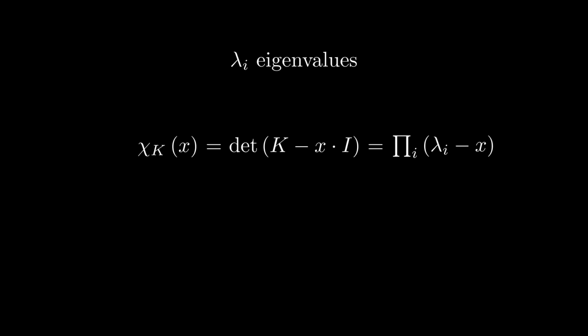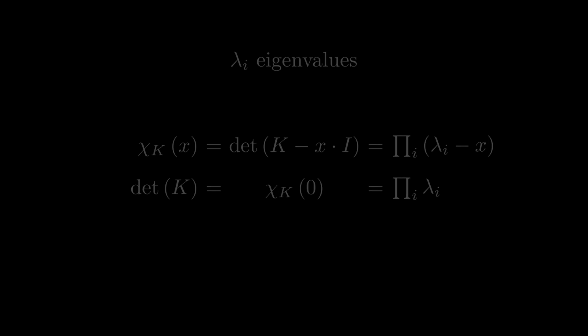As a reminder, since we are working with complex valued matrices, the characteristic polynomial always decomposes into linear factors with lambda_i just being the eigenvalues of our matrix. Plugging 0 for x, we get the determinant of our matrix on the one side and the product of all eigenvalues to the power of their multiplicity on the other side.